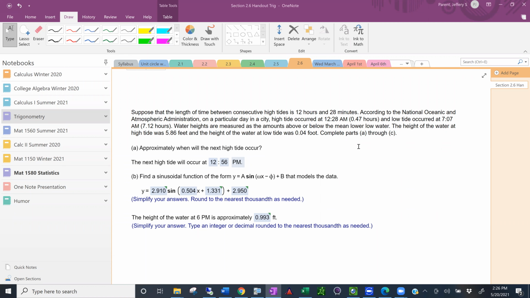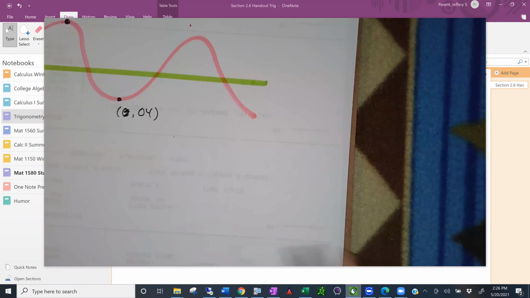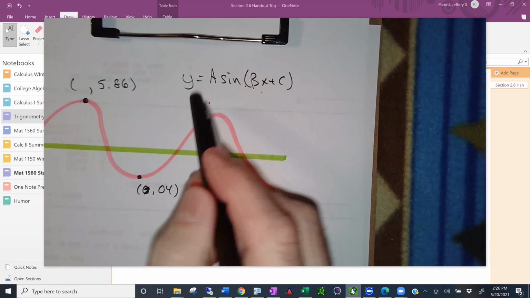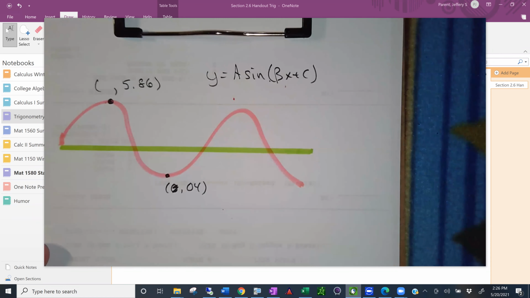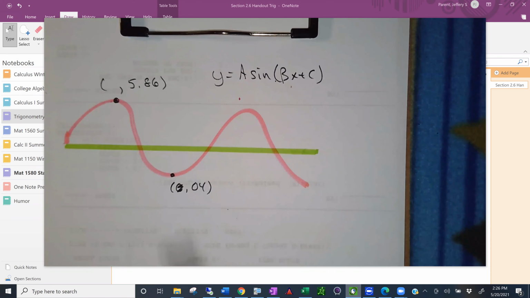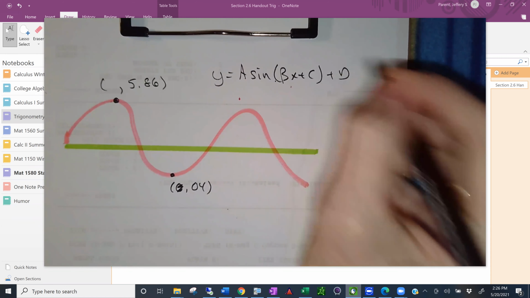So let's do one more, like the one we just did, where we're going to calculate the equation that fits our data. In this case, we want to come up with an equation in this form: y equals A sine of bx plus c, plus d.